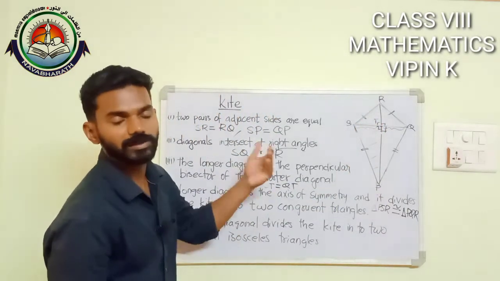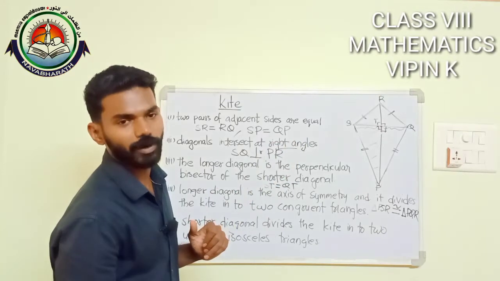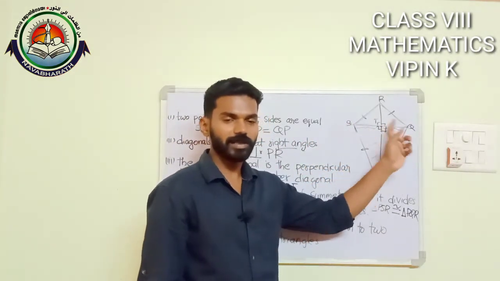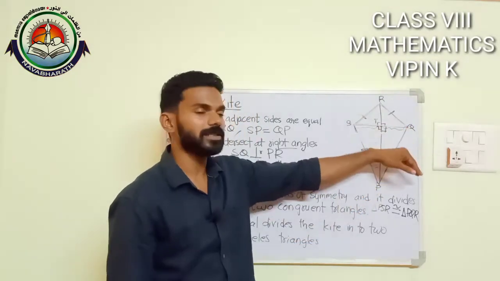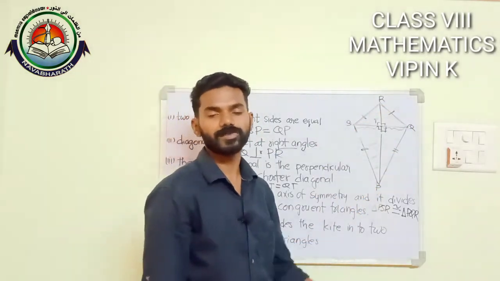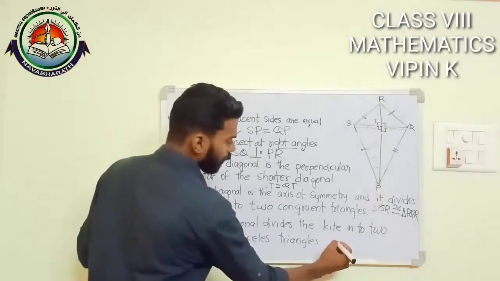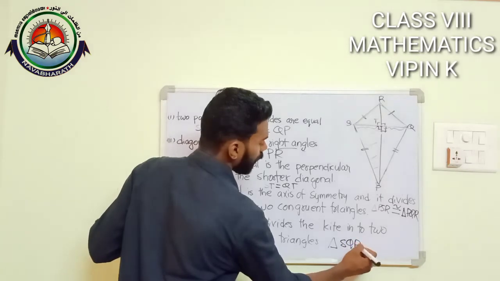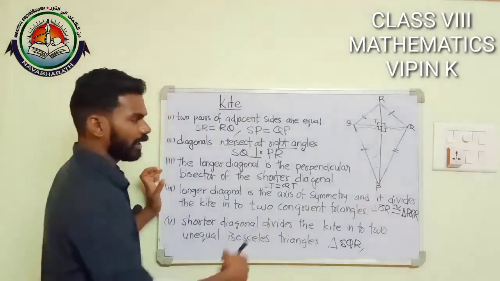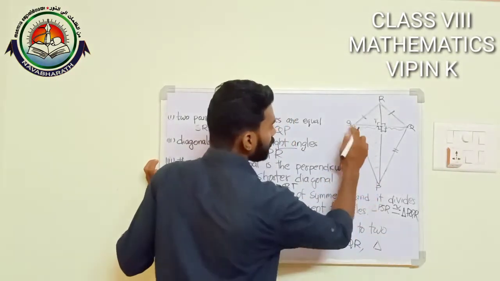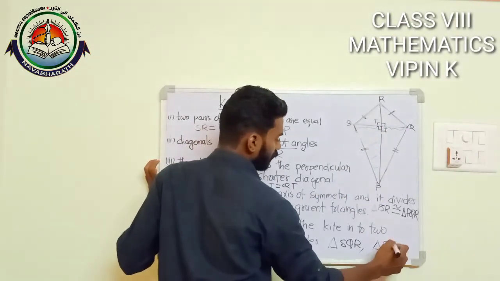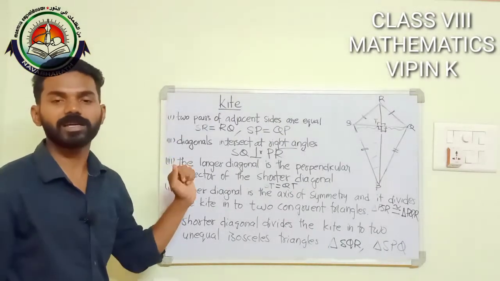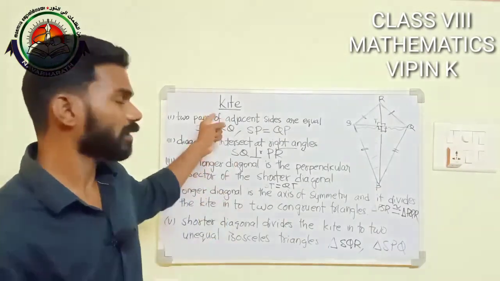Our shorter diagonal divides our kite into these two isosceles triangles. So which are the triangles formed? Triangle SQR, which is isosceles, and triangle SPQ, that is also isosceles. So these are the basic features of a kite.